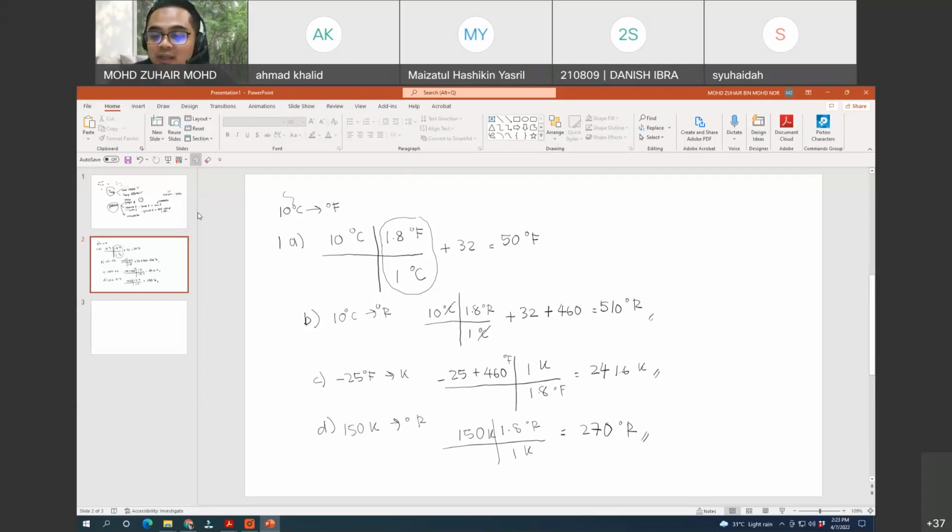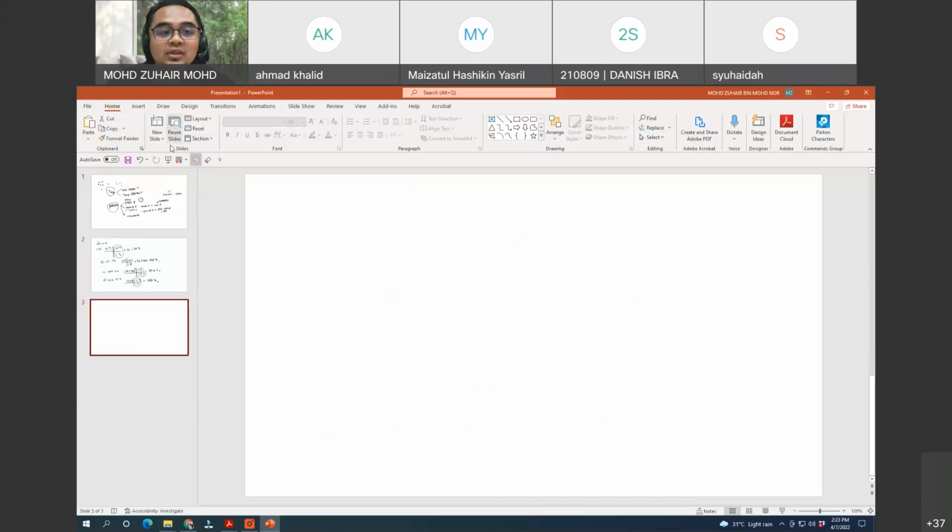See, the English unit will be pairing with 1.8. So this is just a tip, if you get confused sometimes in order to do the conversion. So this is some of the units that you can just follow. Okay. So any question for question 1, A, B, C, D? I think it's very straightforward.